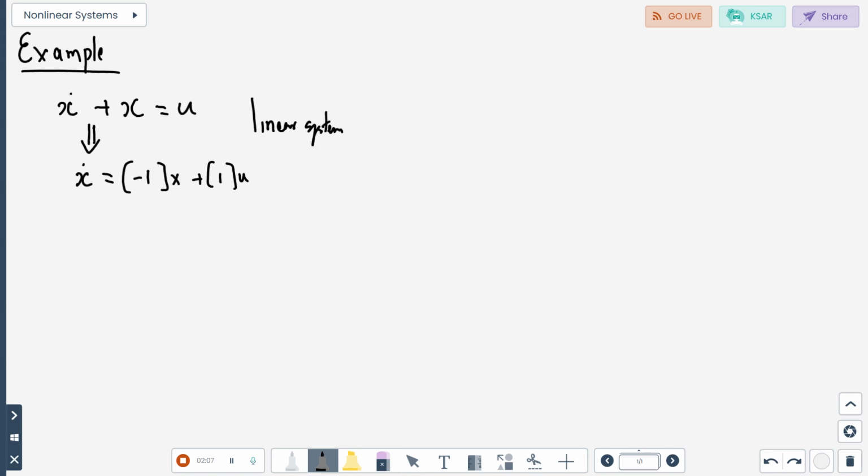Now for this linear system, we know the behavior of the system, for example for a unit step input of 1: the output will have a certain transient period and finally settle where x dot is equal to 0.